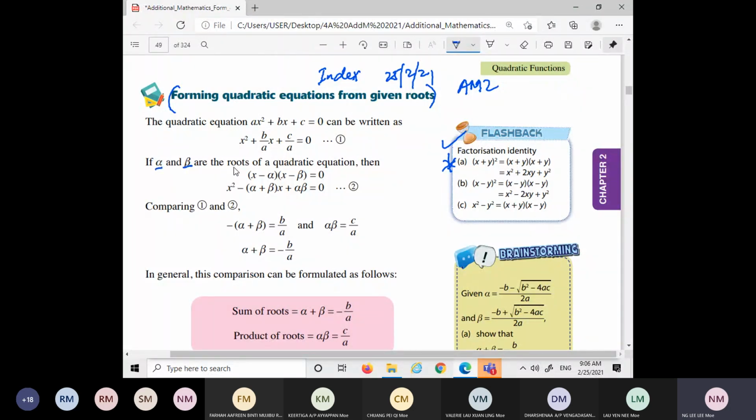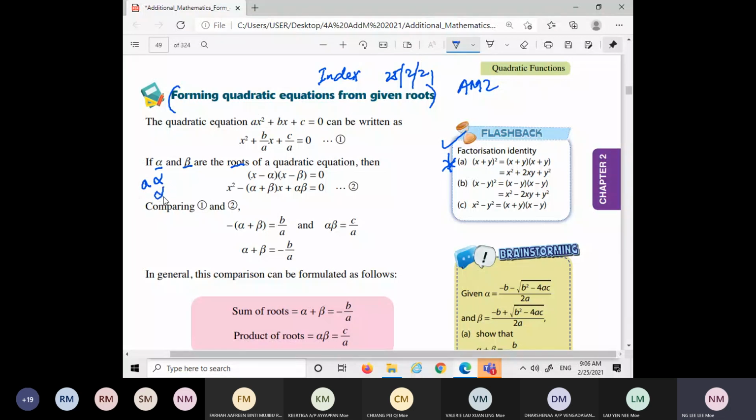Always when we learn the roots for a quadratic equation, the two roots we label as alpha and beta. Make sure you know how to write alpha. Don't write it as a. This is your a.